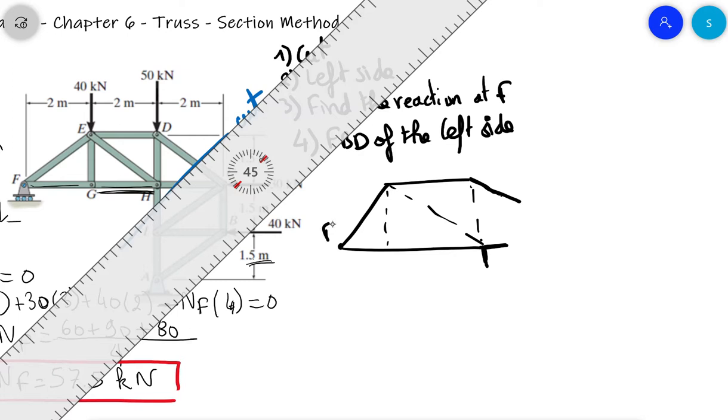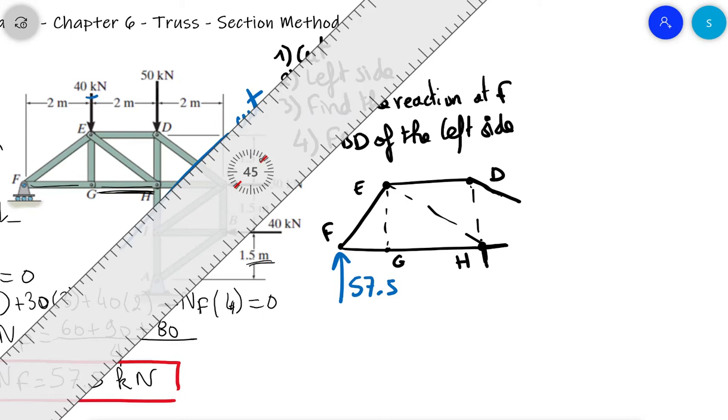At the point F, we have the point E, the point D, the point H, and the point G. And that's it. The NF that we just found is 57.5. Don't forget, we need to include all the external loads.